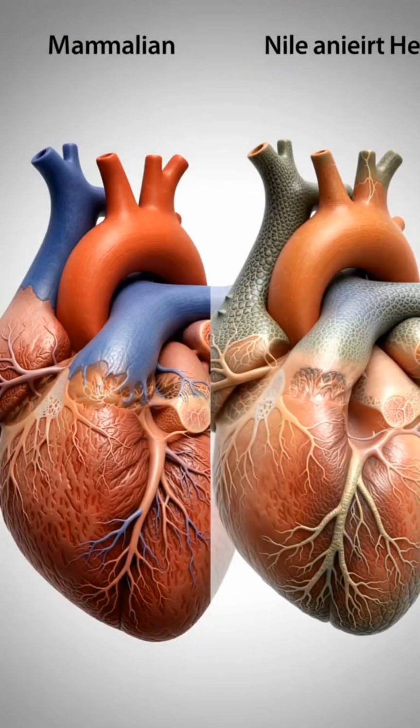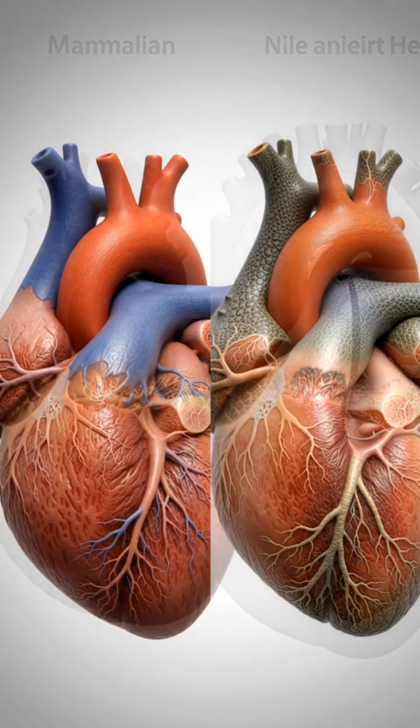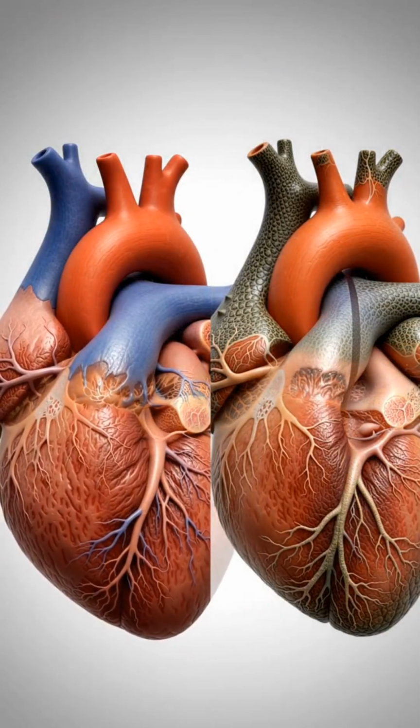While distinctly different, the mammalian and crocodile hearts showcase remarkable convergent evolution in their ventricular septation, as visualized here.